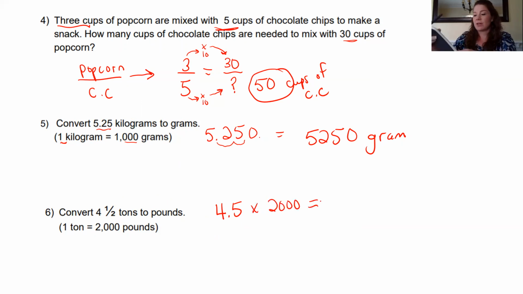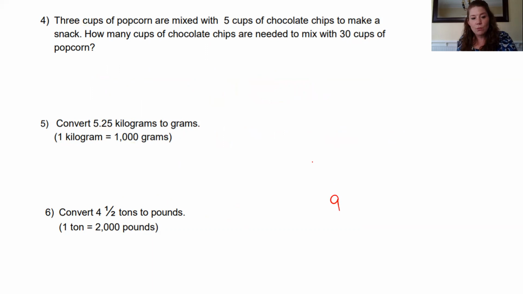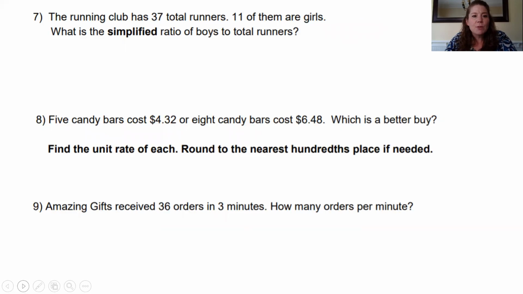And I'm using my calculator because this week I told you, you get to start using your calculators. 4.5 times 2,000 is 9,000 pounds. Anyway, I think y'all had it. You can back up if you need to see my math, but I'm multiplying, right? 9,000 pounds.